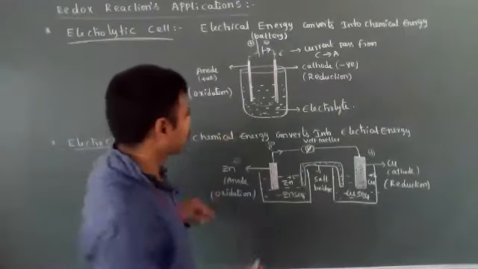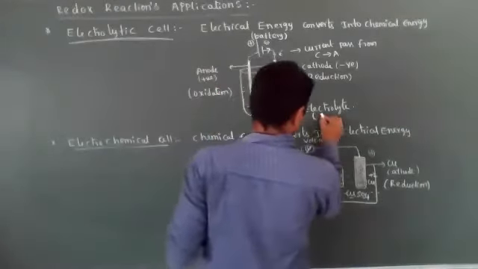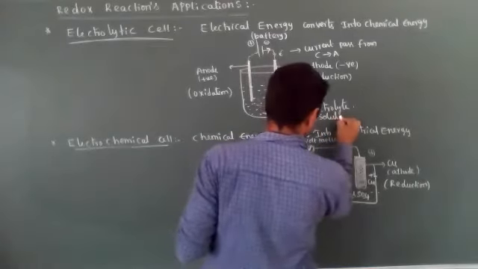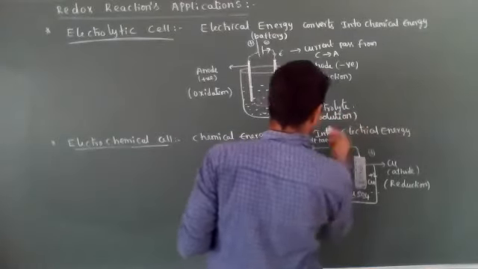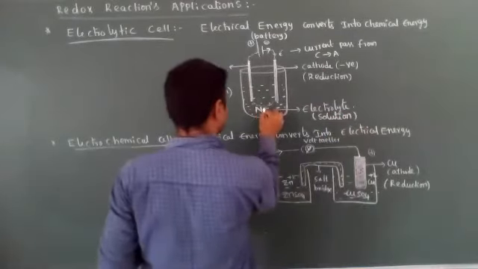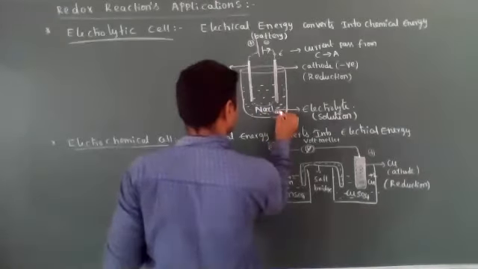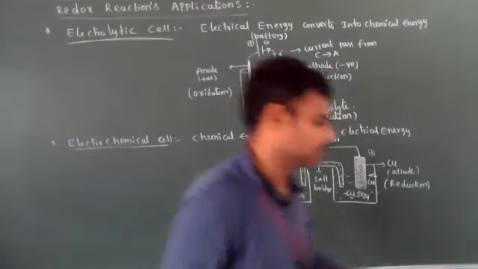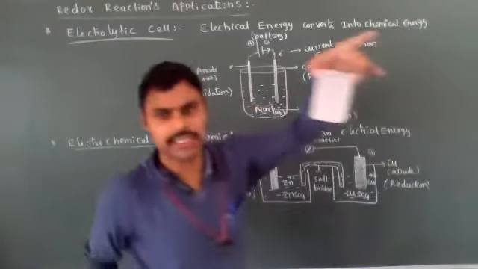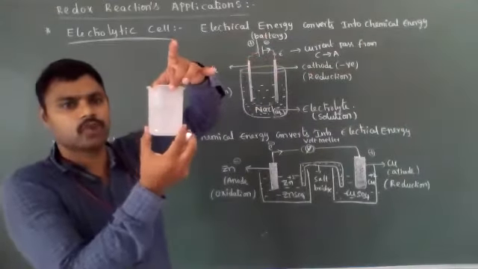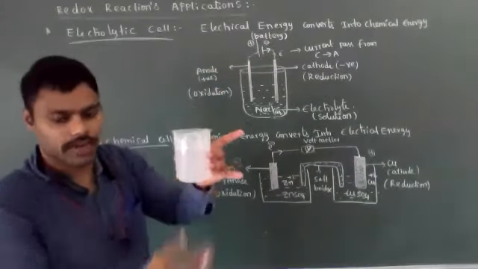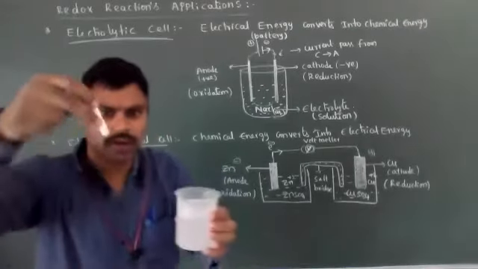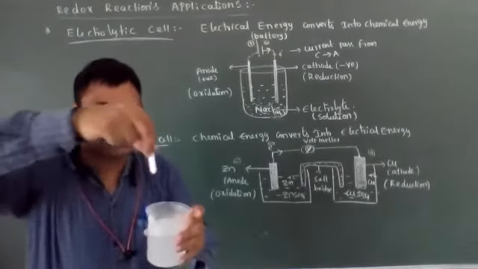Both electrodes we are dipping in one solution. The solution is known as the electrolyte. For example, take NaCl as the electrolyte. Aqueous NaCl, sodium chloride, we know very well.